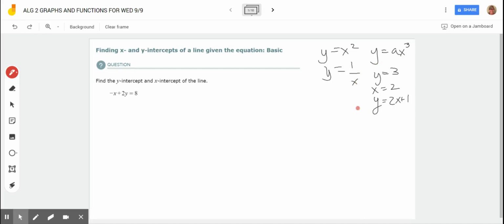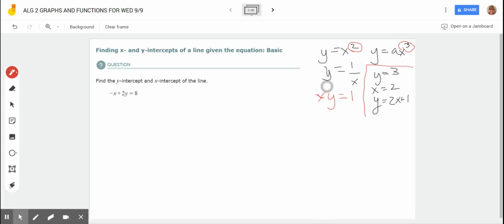lines versus non-lines, is that the exponents are not to the power of 1. If you were to change that, that would be x to the negative 1. Or if you multiplied both sides by x, you would get xy equals 1.